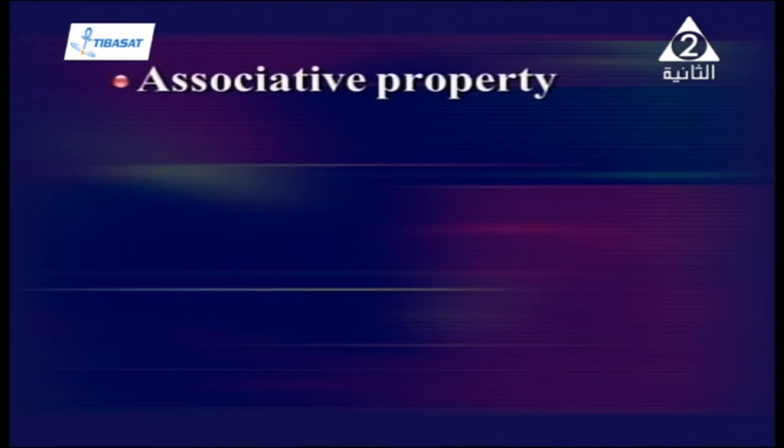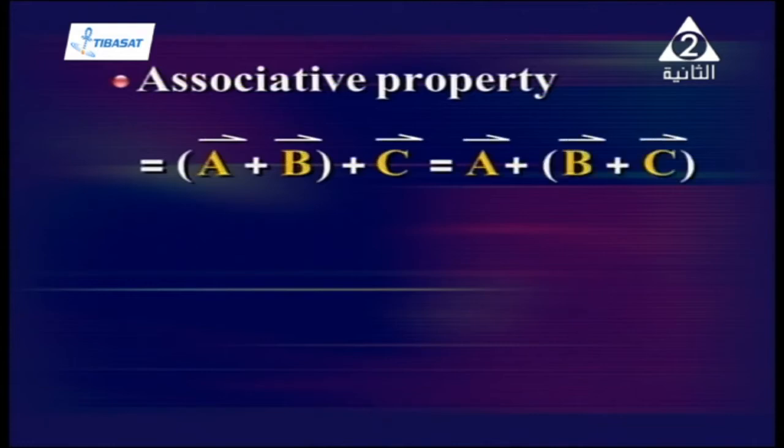Also the associative property. If we have 3 vectors, vector A plus vector B inside brackets, plus vector C, equals vector A plus the bracket of vector B plus vector C. If we add the first plus the second, then the result plus the third equals the result of adding the second and third, then adding the first vector.